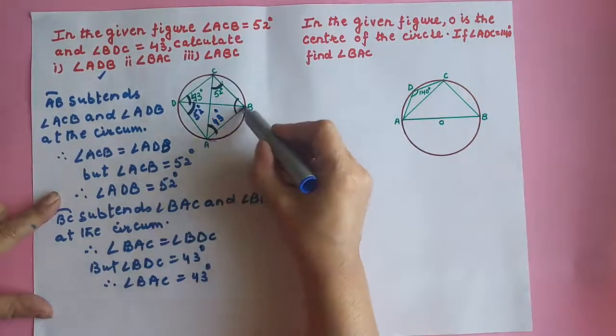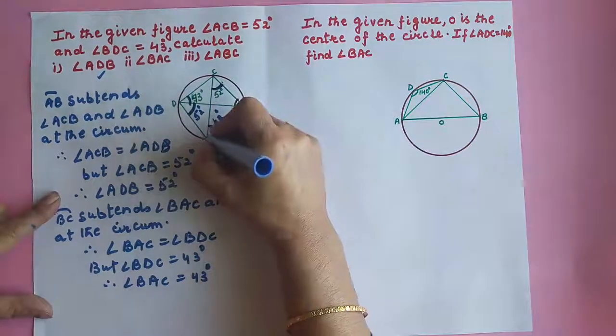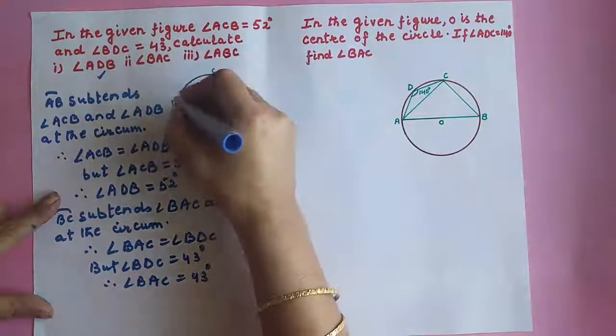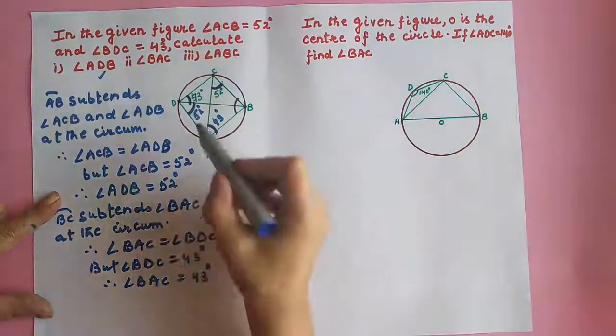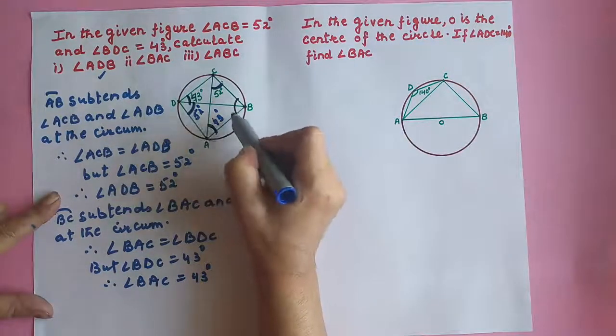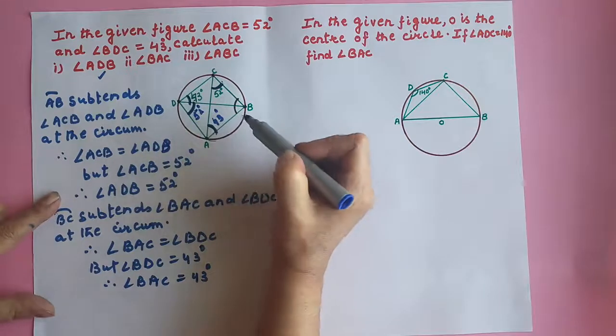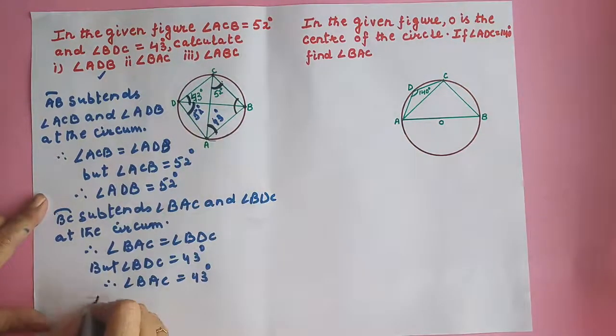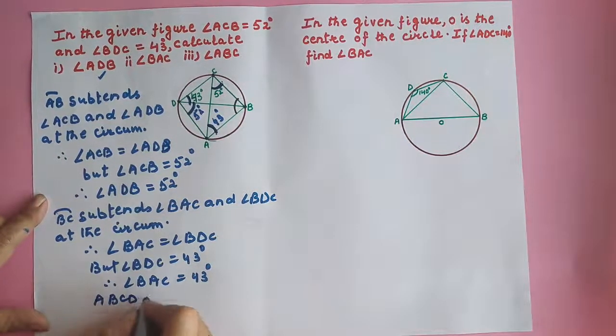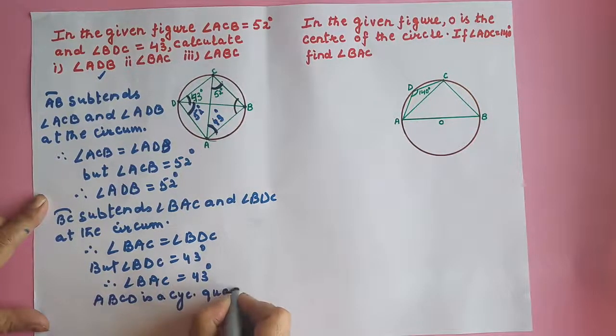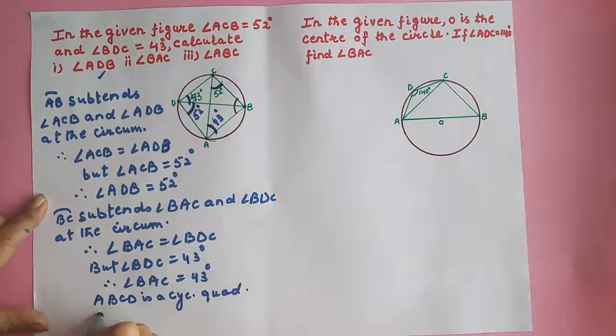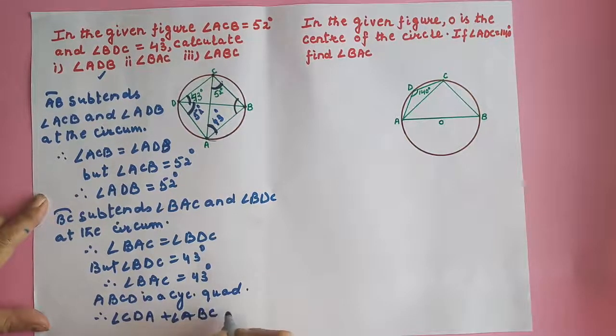Now our ABCD is a cyclic quadrilateral. Why? Because all its endpoints are lying on the circle. So can we say that opposite angles of a cyclic quadrilateral are supplementary? Right? So ABCD is a cyclic quadrilateral. Therefore, you can say that angle CDA plus angle ABC is equal to 180 degrees. Why?